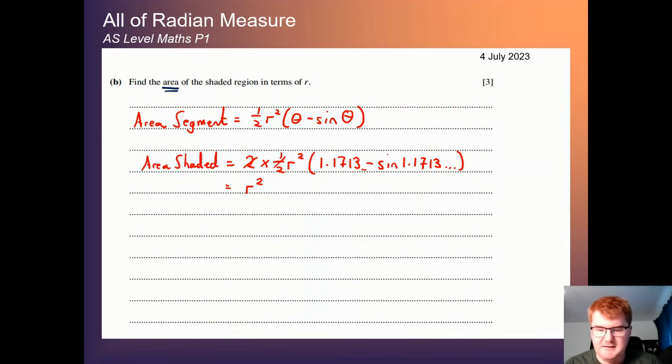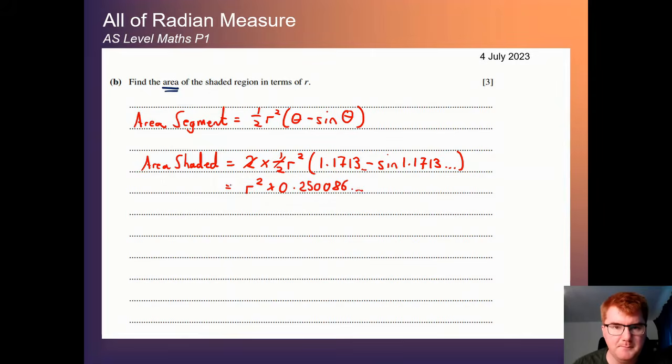So if we take that, we get 1.1713 minus sine answer. And that then gives us 0.2500. It was good to show this just so we can round it afterwards, and that gives us then 0.250 r squared for our 3 marks.